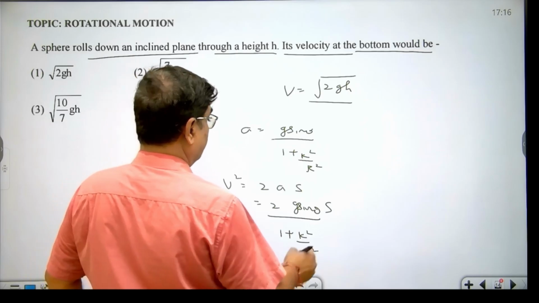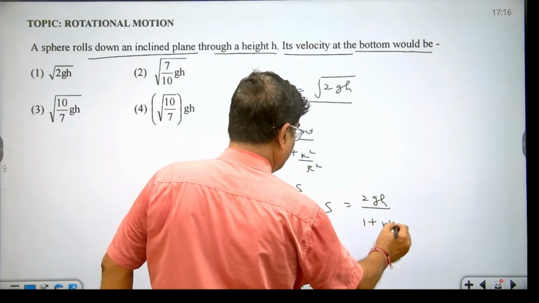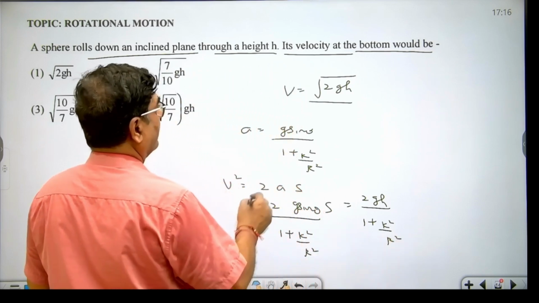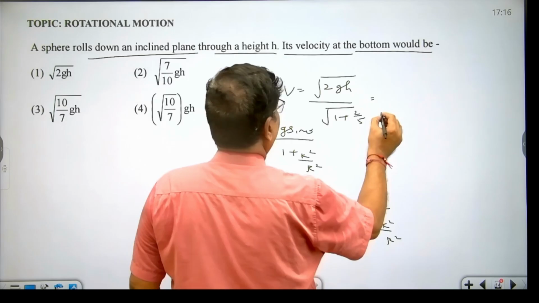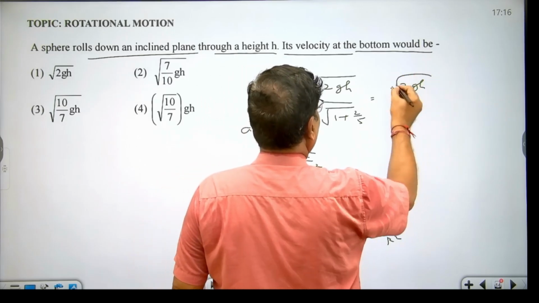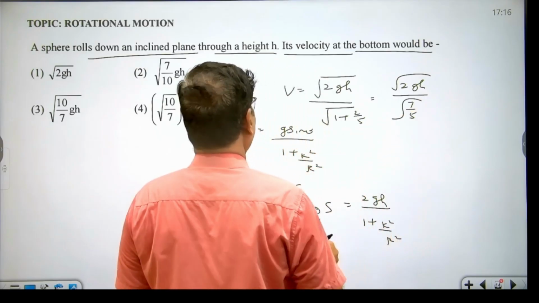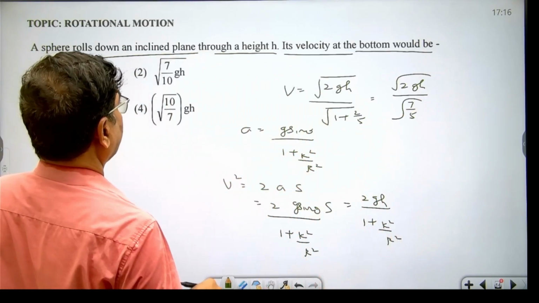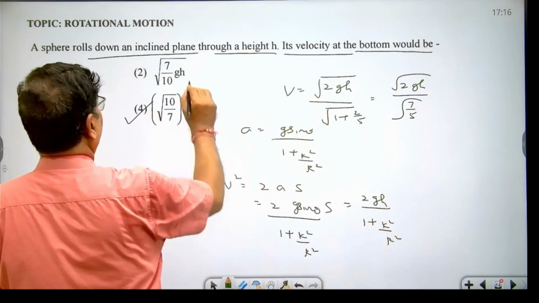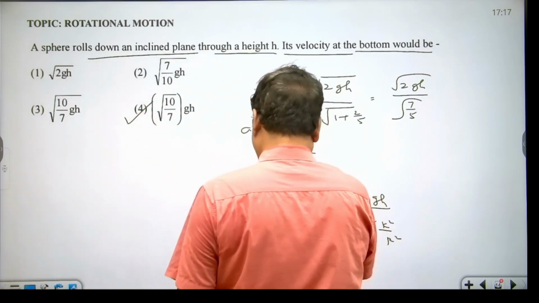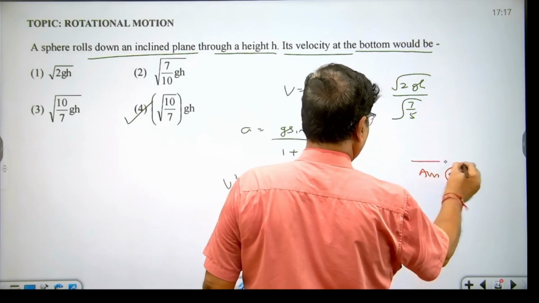Okay, s sin theta equals h. So v square equals 2gh upon 1 plus k square upon r square. So v will be under root. For sphere, k square upon r square is 2 upon 5. So under root 2gh upon 1 plus 2 upon 5, that is 7 upon 5. So velocity at the bottom is under root 10 upon 7 gh. Out of 4 choices, the correct choice is option 4.